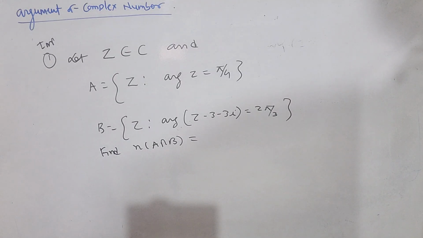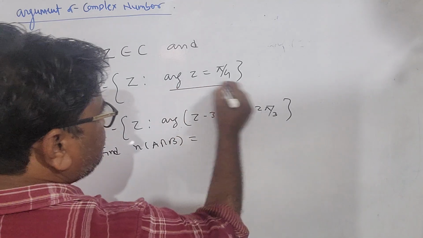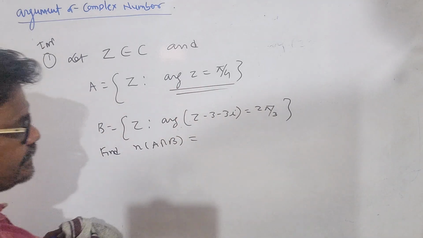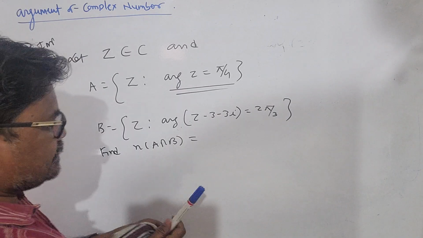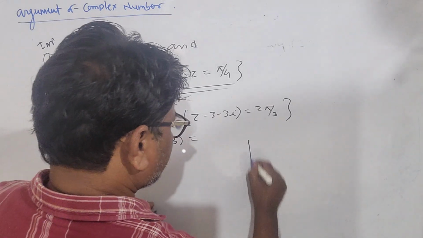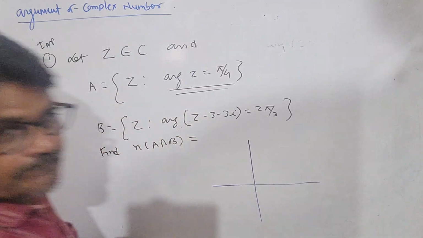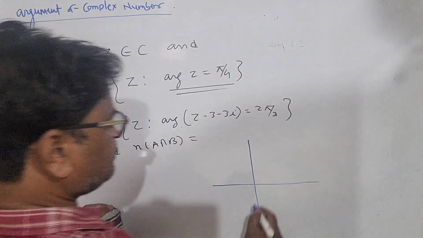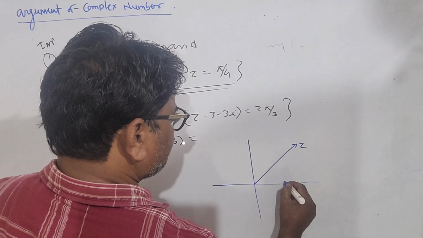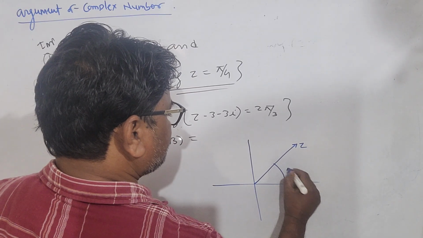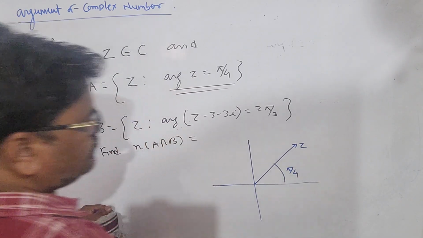So this is set A and set B. See, the argument of z is pi by 4. That represents a ray, correct? See, with the x-axis and y-axis, we have this z whose argument is pi by 4.